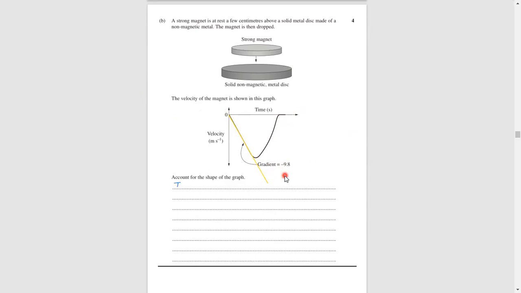The linear section of the graph has a gradient of 9.8 and is negative, showing a constant acceleration of 9.8 meters per second squared downward.